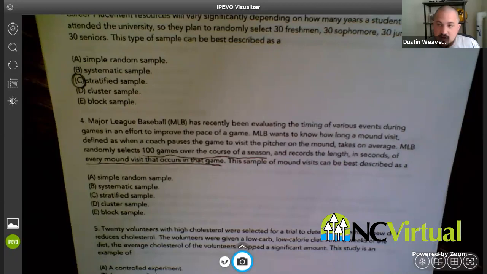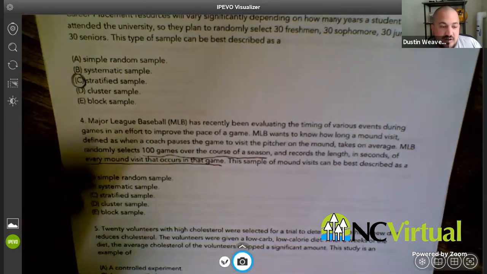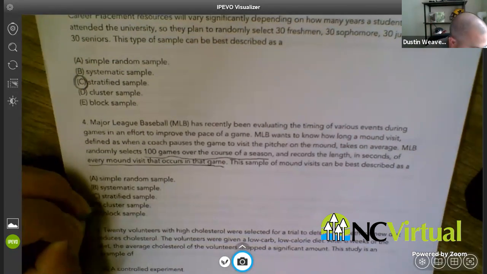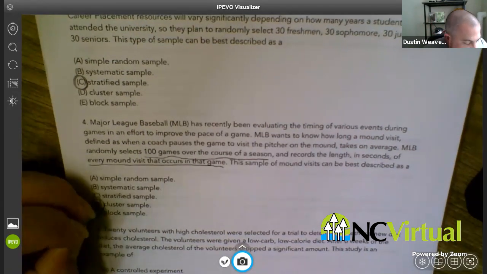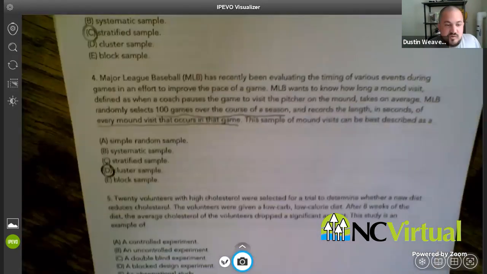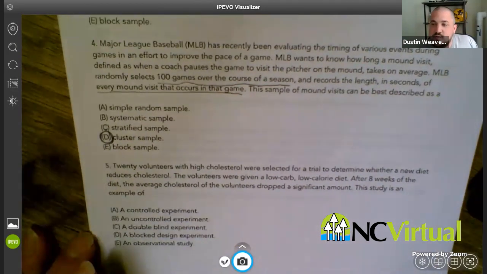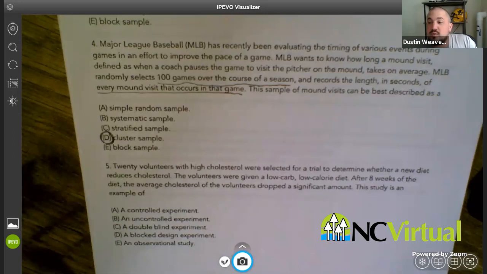So they're selecting a sample, and then they're giving us everything in that game. So that would be a cluster sample. It's when you randomly select something, but then you give us everything in that group. So a game would be a group, and then you give us every single mound visit in that game. So that's what makes it a cluster sample.